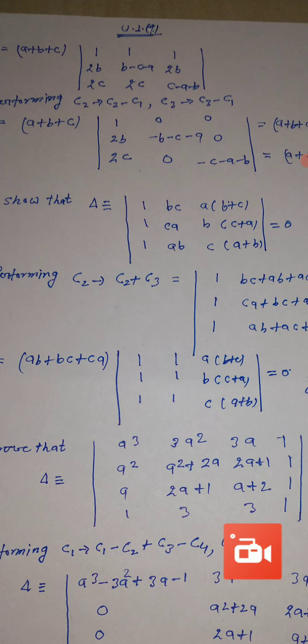Fourth row 0 3 3 1. So you can take the column factor a cube minus 3a square plus 3a minus 1, and expanding along the first column, we get that multiplied by the determinant: first row a square plus 2a, plus 1, 1; second row 2a plus 1, a plus 2, 1; third row 3 3 1.